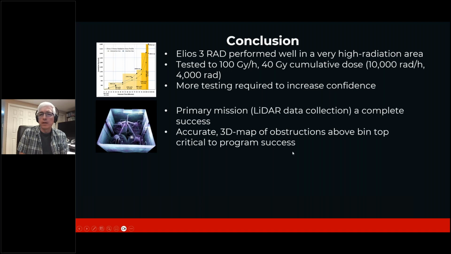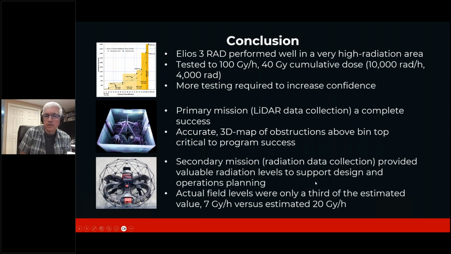The 3D map above the bin top was very much critical for us to achieve program success in installing our remediation equipment. And the secondary mission of the radiation data collection provided valuable radiation levels, which, as I mentioned earlier, will support our design in terms of the amount of shielding required.